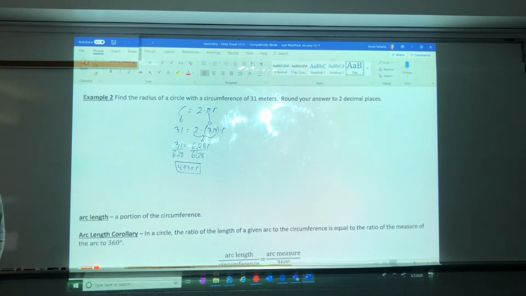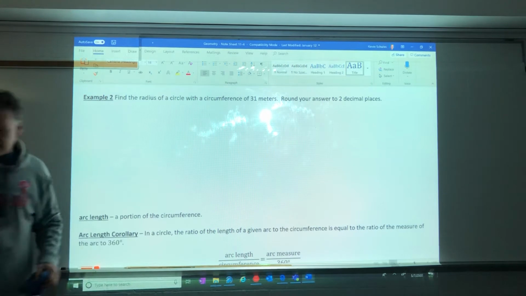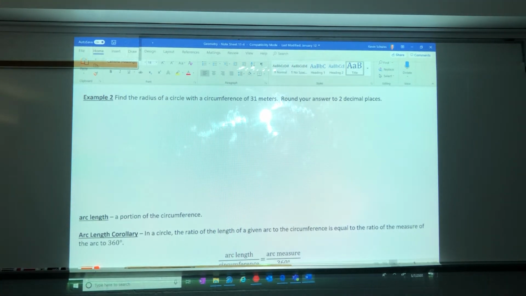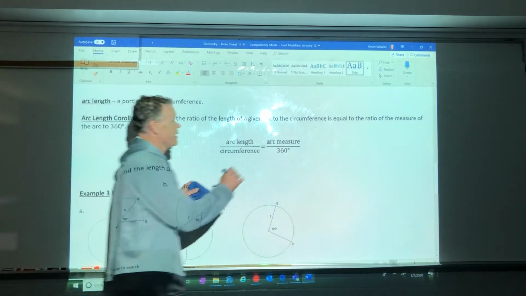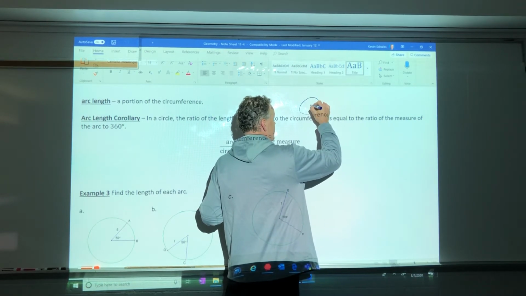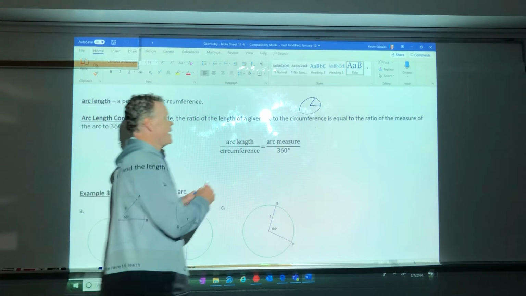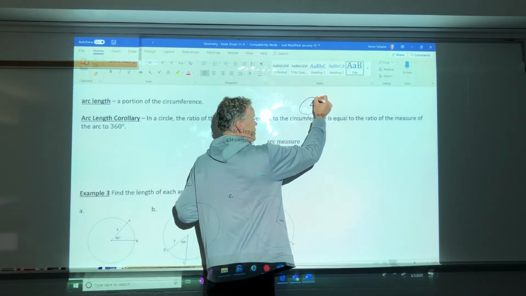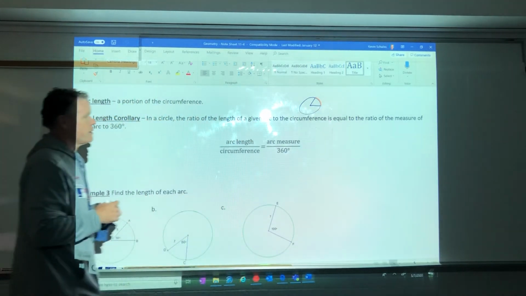Okay, now what we're going to do is find the arc length. And all the arc length is, it's a part of the circumference. Just to pull away here, if we had a circle right here, and they had something like this, and they wanted you to find the arc length, that would be the length from here to here, of that sector.